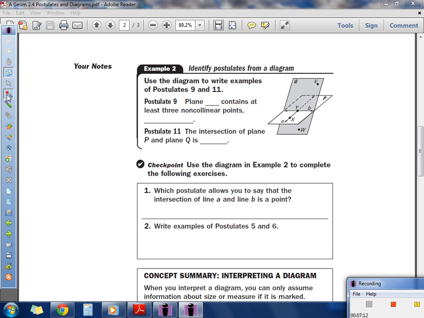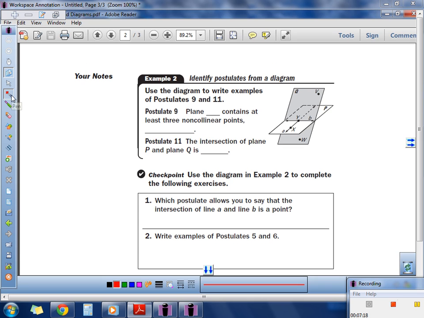Pick a plane. I see V, I see W, and X is not on it. Okay, so V, Y, and W are all touching the gray plane. That is key. So V, W, and Y are 3 non-collinear points.